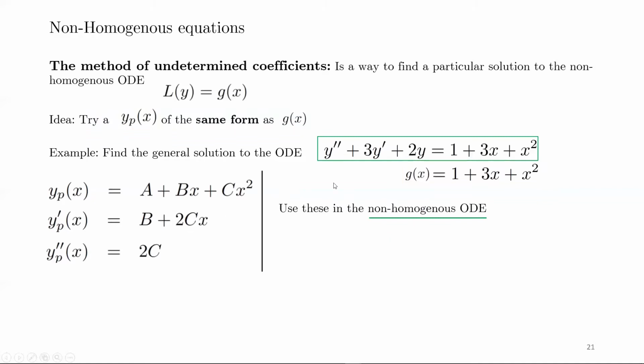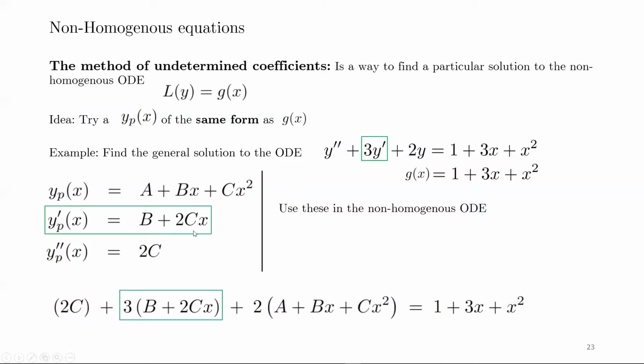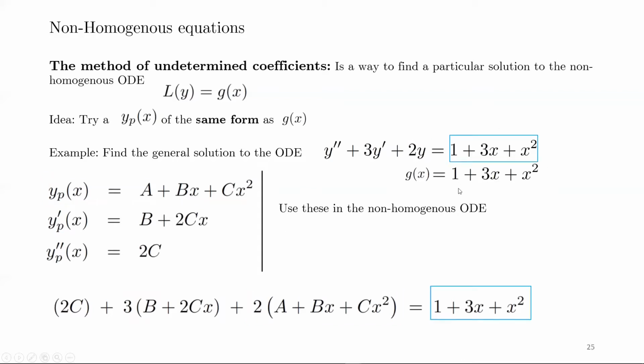If I do that, then y double prime is 2c, plus 3 times y prime, so 3 times b plus 2cx, plus 2 times y, so 2 times y up here, equals the right hand side, equals g of x. Great. So now I've used my guess solution, particular solution, in the ODE.